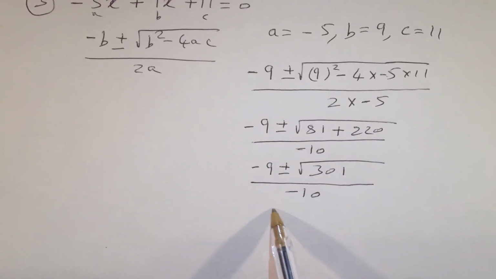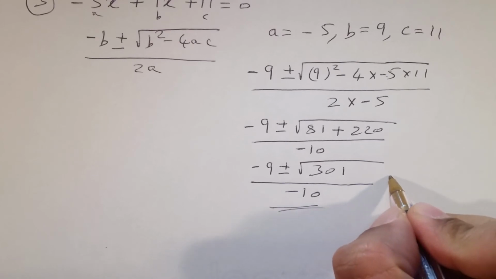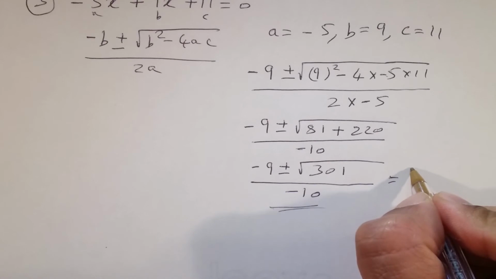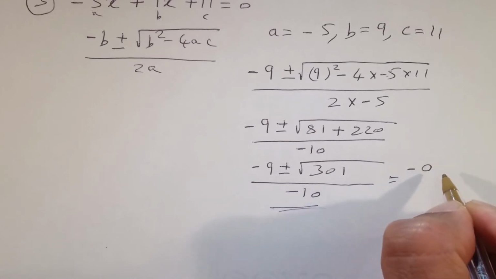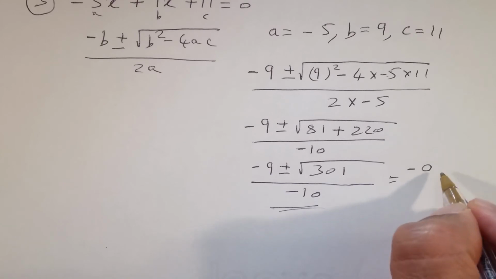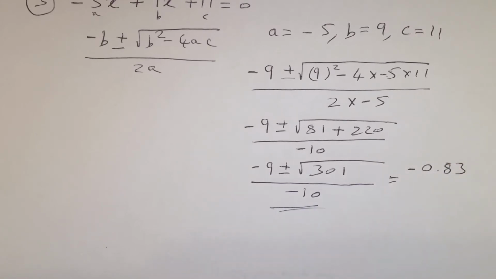This is your surd form, if it's a non-calculator question. If it's a calculator, any one of these, whichever you feel safe and confident with, you can put on the calculator. So the final answer is, when I put plus minus 9 plus root 301 over minus 10, I get 0.83 with 2 decimal places.